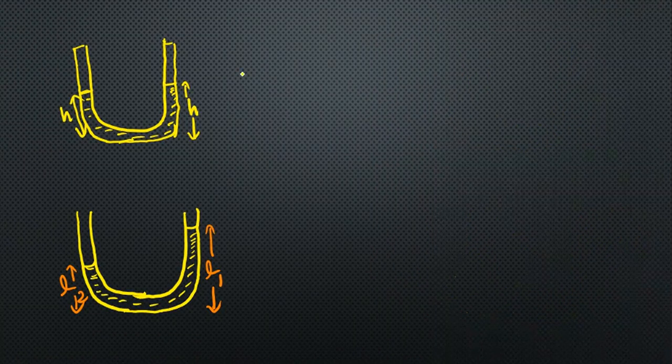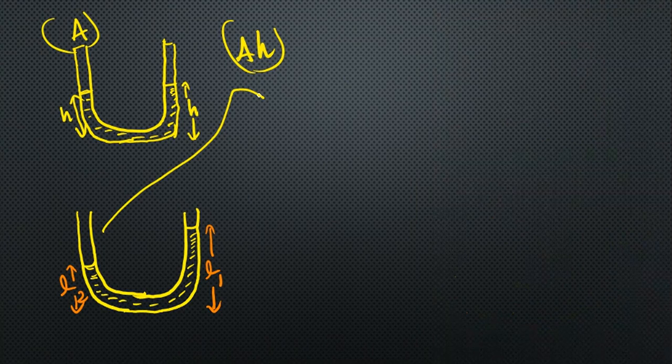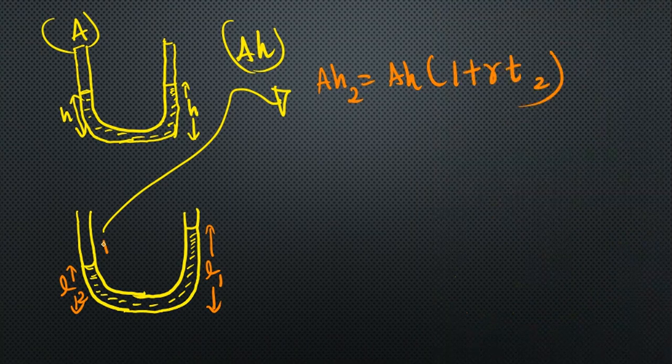The initial volume we can take as cross sectional area A times H, so AH is the initial volume. So let's apply the equation for the left arm. The final volume will be AH2 equals AH times 1 plus gamma T2, here the temperature is T2 and here T1.